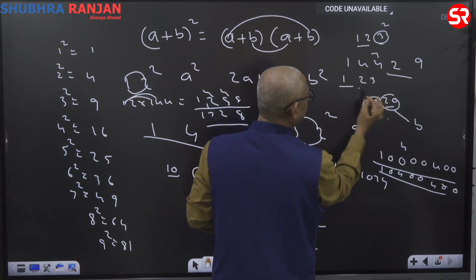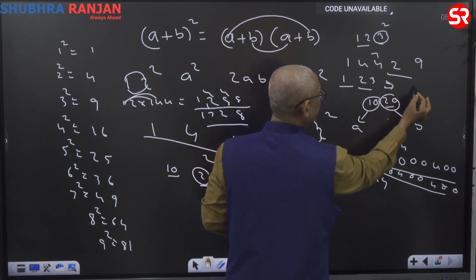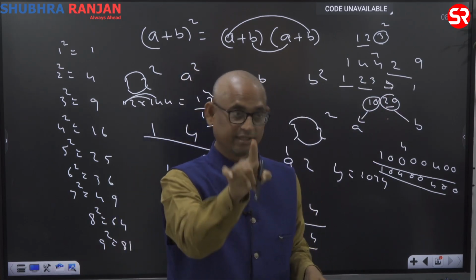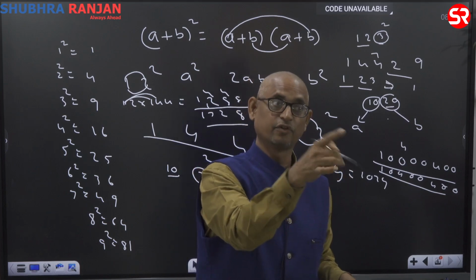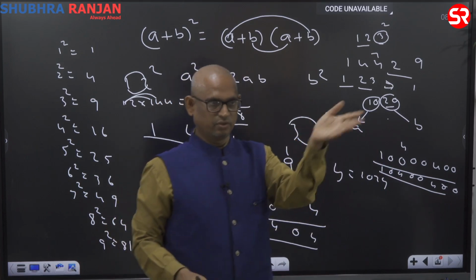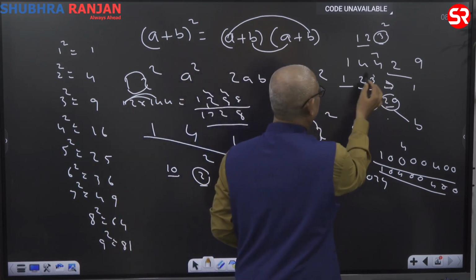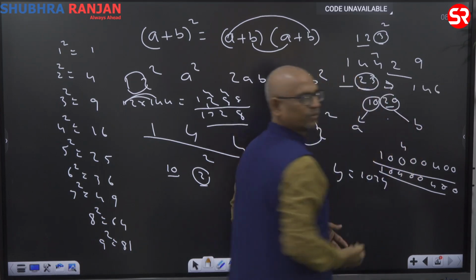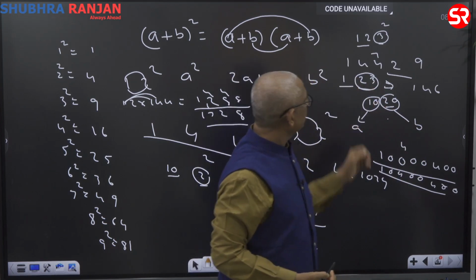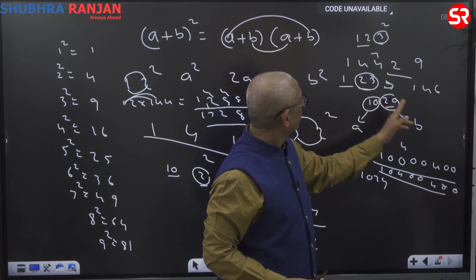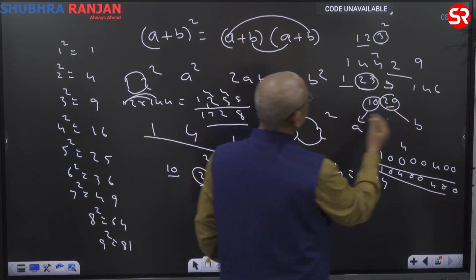123, A B. A square is 1. AB is 23. BA is 23. 23, 23, 46. So double it. For how many digits are we taking here? 2. So I am writing how many digits here? 2 digits. Now A square, 2AB, and B square.